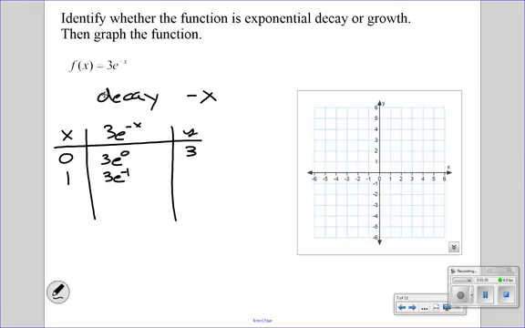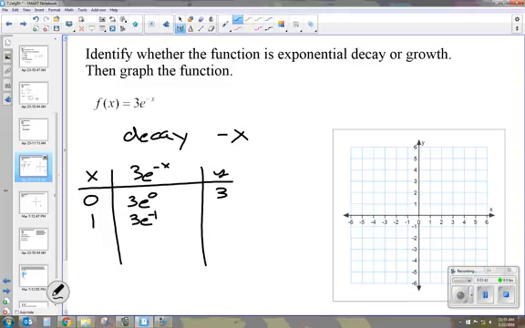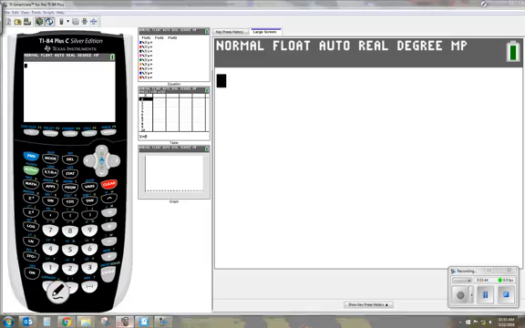Now we can simply plug this into our calculators.